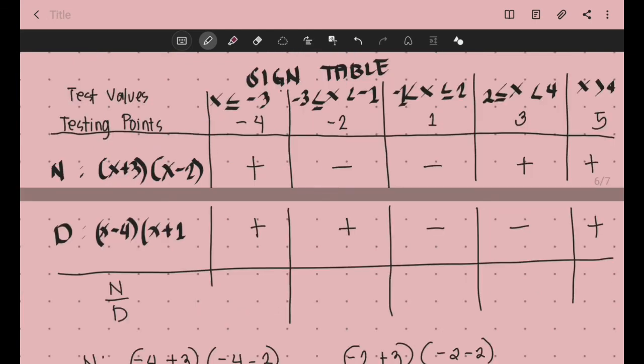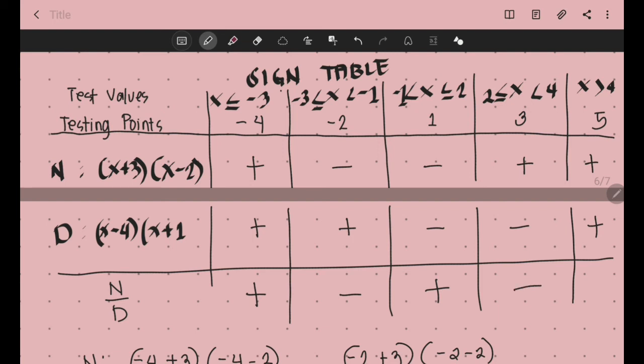So, let us divide your numerator and your denominator. So, positive divided by positive, that is positive. Negative divided by positive is negative. Negative divided by negative is positive. Positive divided by negative is negative.